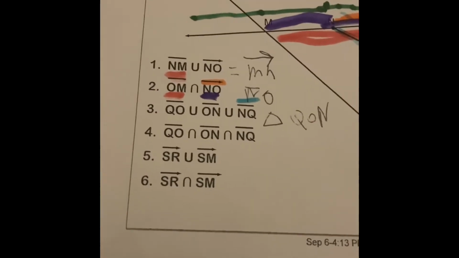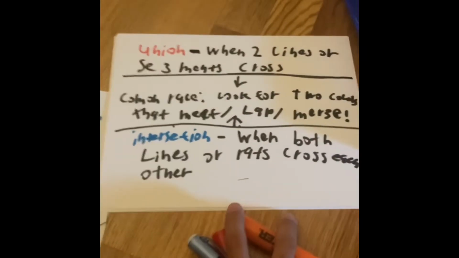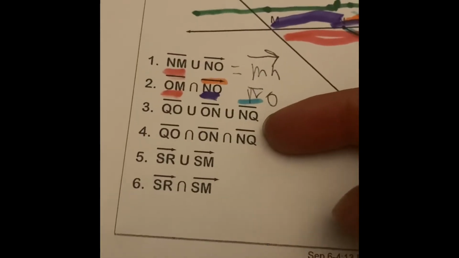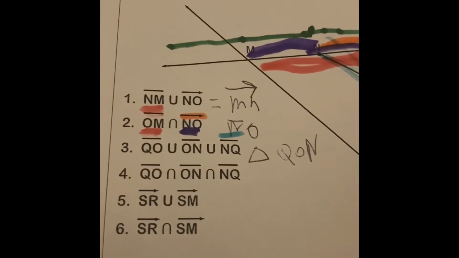Let's go with number 4. Number 4 is almost the same thing, but it's intersection. But there is one rule. Not only do you have to follow this rule, but you also have to have all the terms be true. Just like in the third problem, all of the sides or all the lines have to be union with each other.